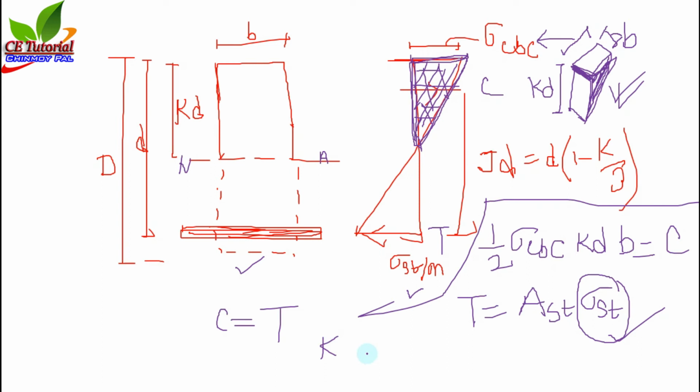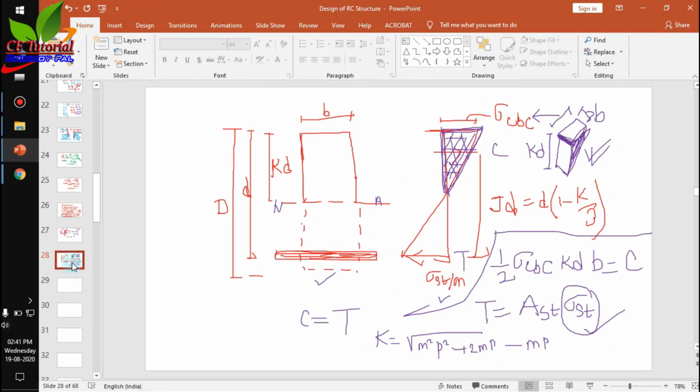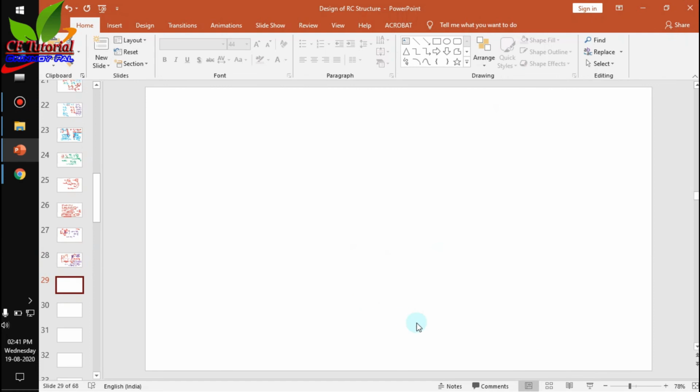K is equal to the square root of M squared P squared plus 2MP, minus MP. Okay, now I am not going into details with this because this is actually another method to calculate the K value, nothing else. Okay, you can use any method.